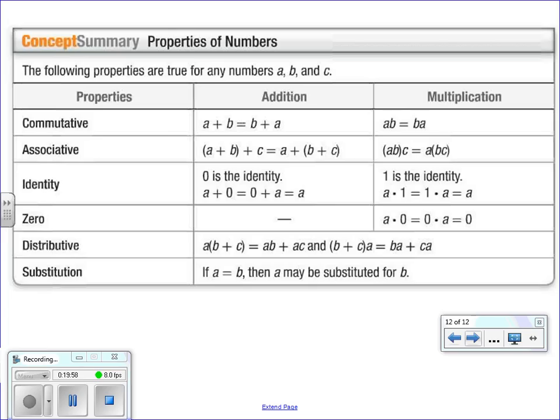Identity, a plus 0 equals a, and a times 1 is a, so that's the additive identity and the multiplicative identity. The property of zero, a times 0 is 0, and distributive property, what we talked about today, and substitution we've been using all through this lesson.